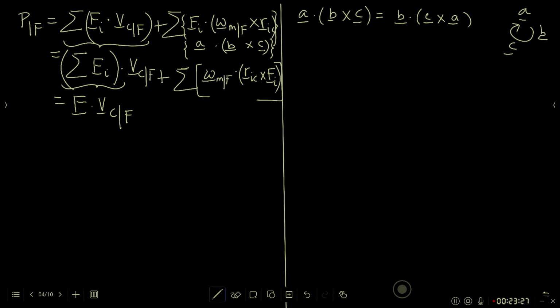Okay. After doing this, I realized that this quantity is not dependent on I. So I can safely pull this out of the summation, and then I have this dotted with RIC cross Fi.